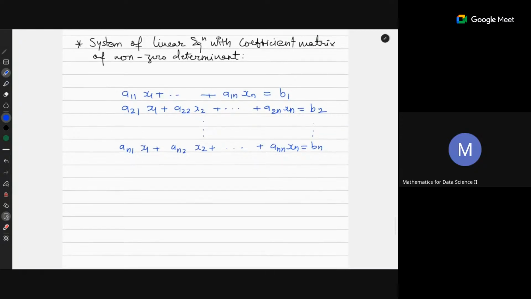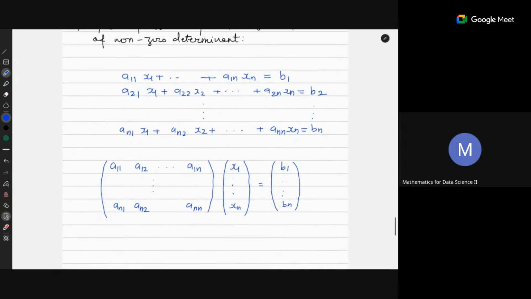Now you can also write it in matrix representation form by writing the coefficient matrix, which is n cross n, then a column vector of variables, and then a column vector of the values on the right hand side. In particular, you obtain an n cross n matrix times an n cross 1 matrix, which is equal to an n cross 1 matrix.